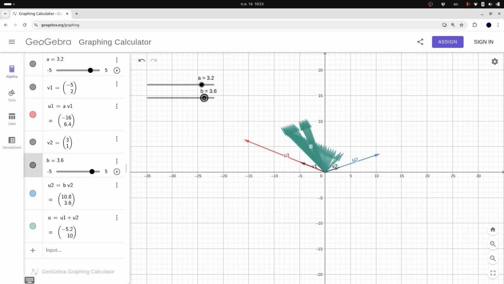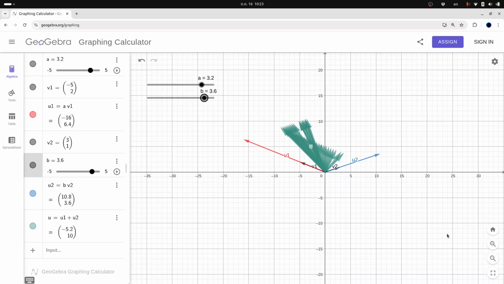Oh, here. Okay, so now I'm at this point. You can scale u1 for a bit and scale u2 by the right amount, and you can be here.